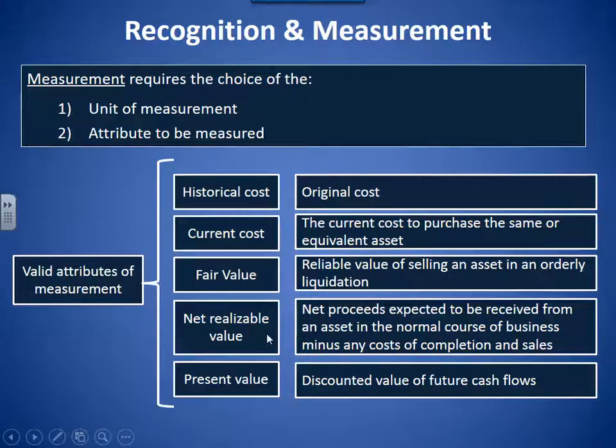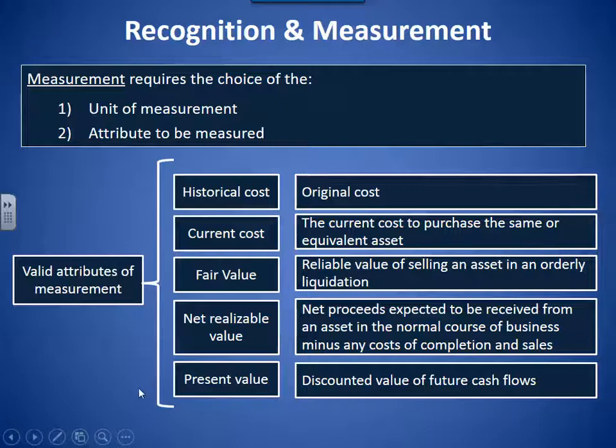We use net realizable value when we're valuing accounts receivable. When we're accounting for long-term bonds, one of the methods of valuing those bonds is using discounted cash flows. And again, we use a premium or discount on bonds to adjust bonds to their discounted cash value.